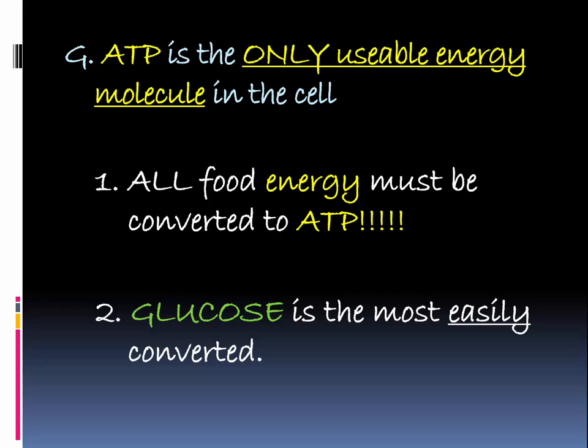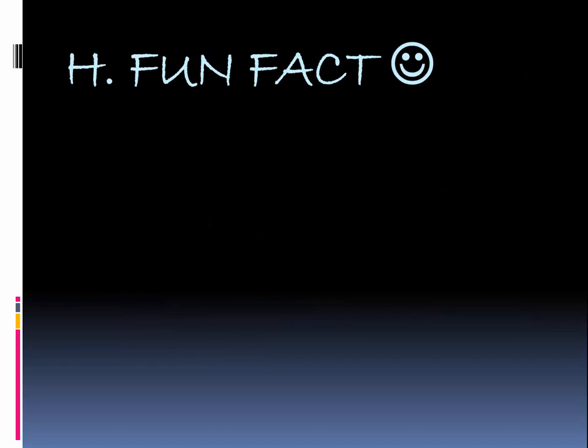And glucose is the one that is most easily converted to the ATP molecule. Or I should say ATP molecules. You get a lot of molecules of ATP from a glucose.